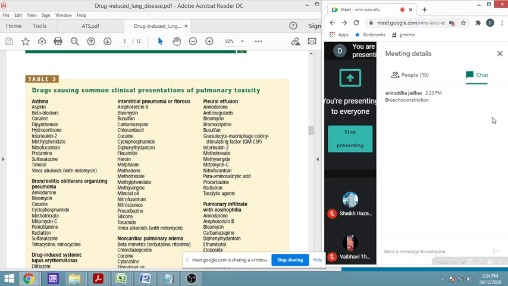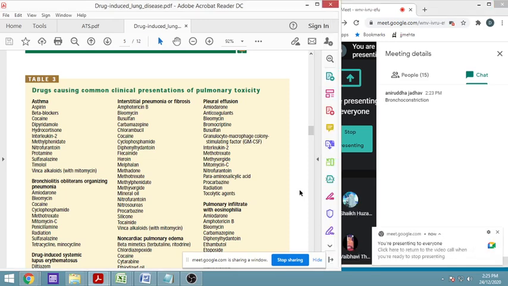Okay, this is a list of drugs which are causing it: dipyridamole, hydrocortisone, interleukin 2, methylphenidate, nitrofurantoin, protamine, sulfasalazine, timolol, vinca alkaloids. Then other drugs which are causing bronchiolitis obliterans.